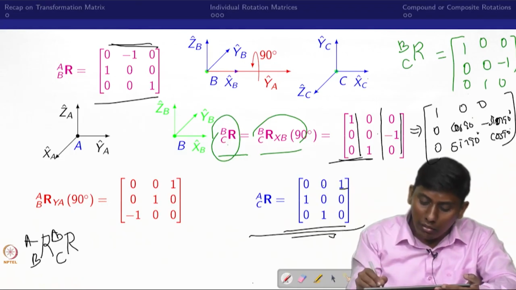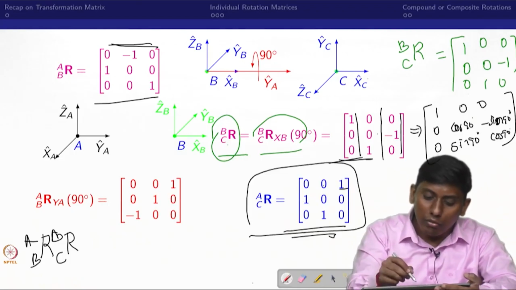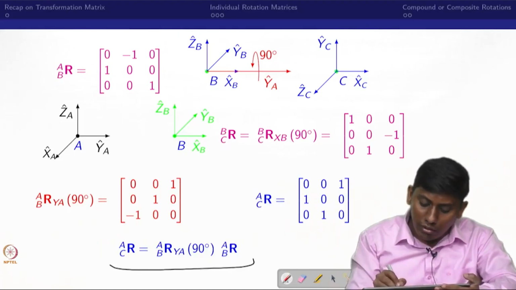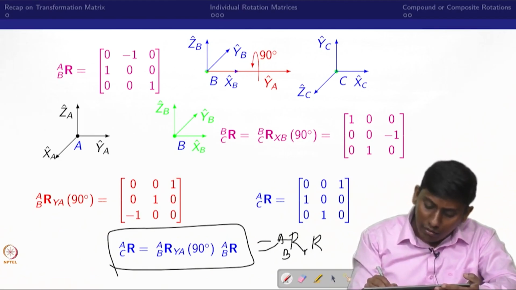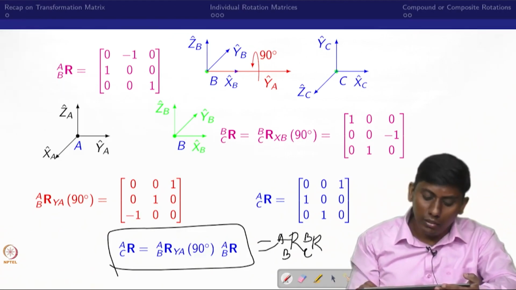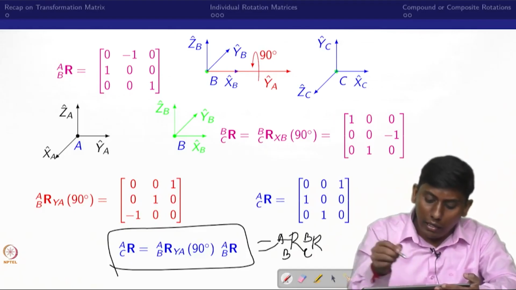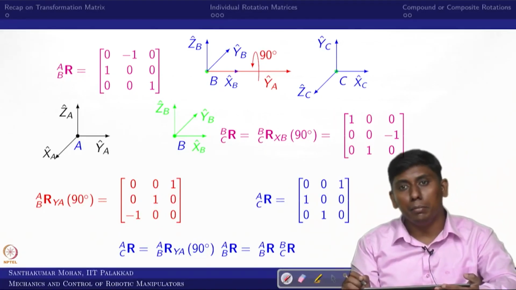Similarly you can see this is coming. In the sense, what one can see is this equal to R_BA and R_CB. Okay, so that is what we have written as post multiplication and pre multiplication.